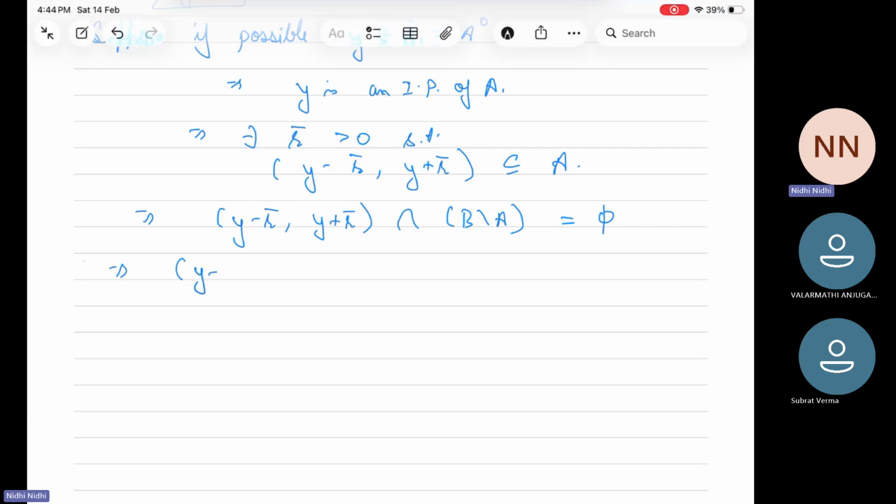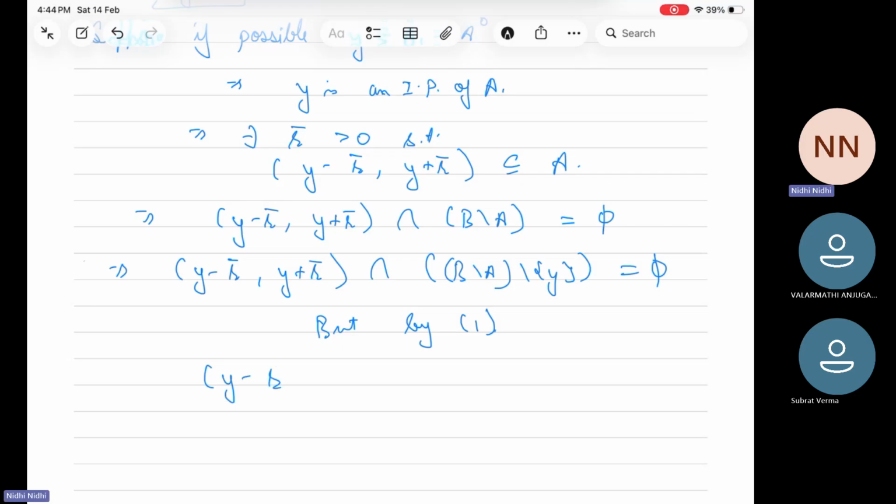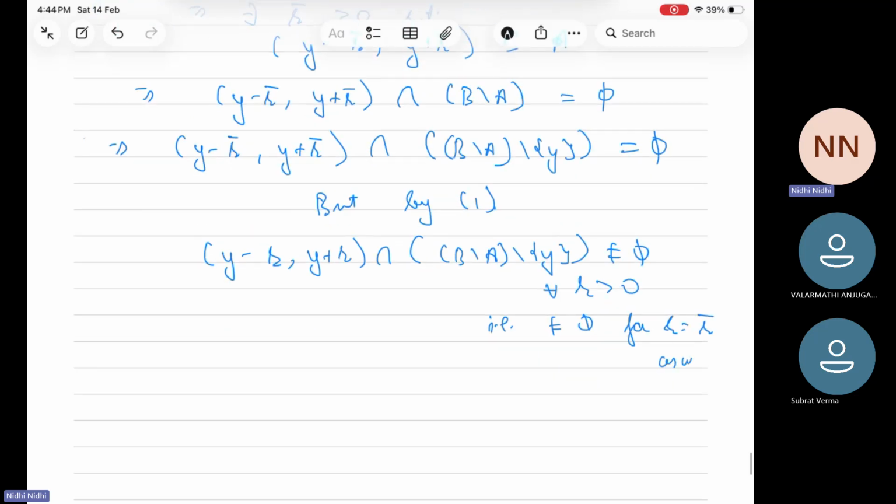So we can write (y minus r bar, y plus r bar) intersection (B minus A) minus y is empty. But by equation 1, (y minus r, y plus r) intersection (B minus A) minus y is non-empty for every r positive. That means this should be non-empty for r equal to r bar as well. Hence, we get a contradiction.